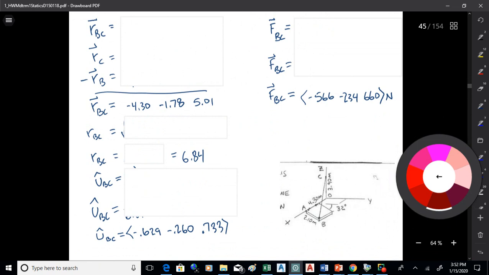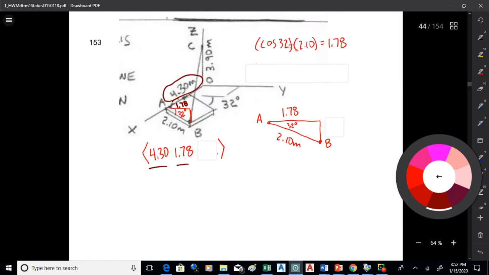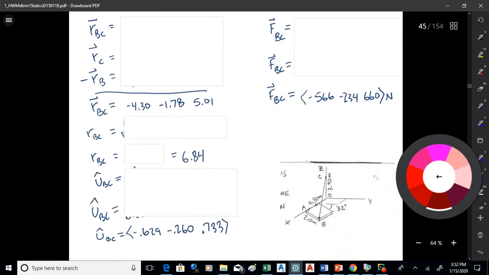All right, once you've got that, you just kind of go through that process. You want to find the position vector from B to C. So you'll have the coordinate now of B. You can find it for C. If you subtract RB from RC, you'll get that position vector that goes from B to C. Negative 4.3, negative 1.78, and 5.01.